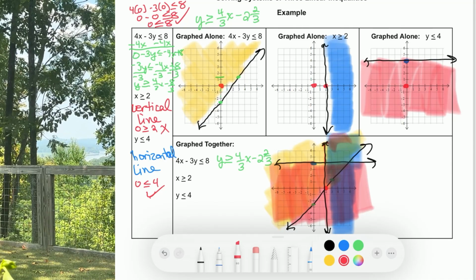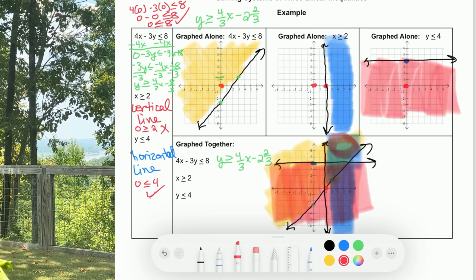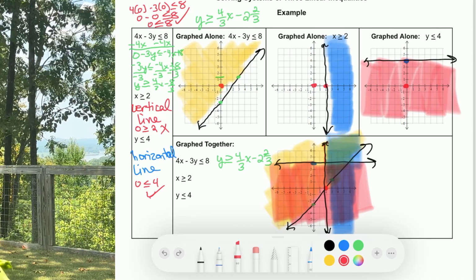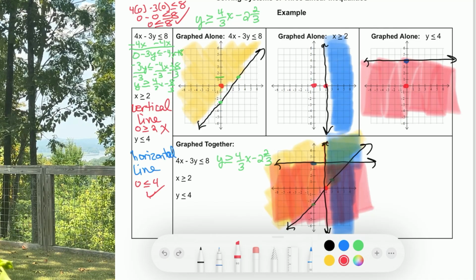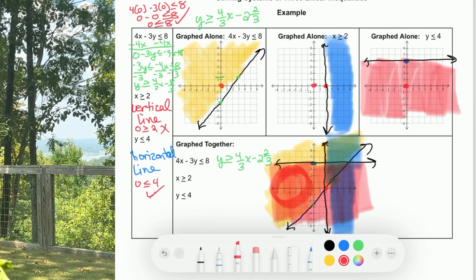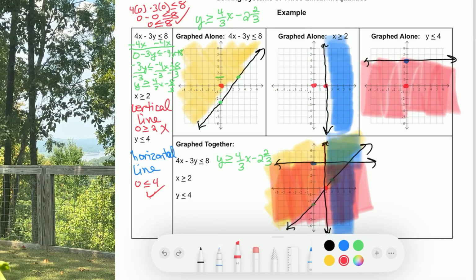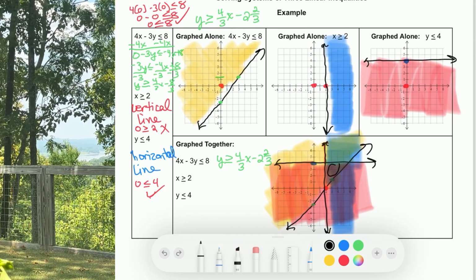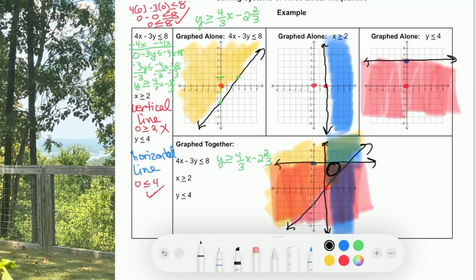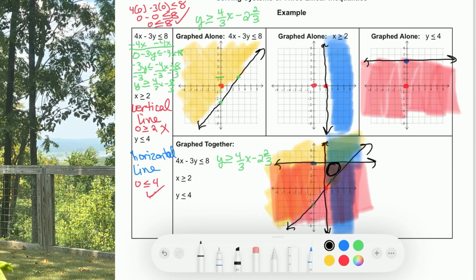Right here, I only have yellow and blue overlapping. Right here, I only have red and blue overlapping. And right here, I only have red and yellow overlapping. The only place that I have all three overlapping is this location right here in the middle. We have yellow, blue, and red in that location.